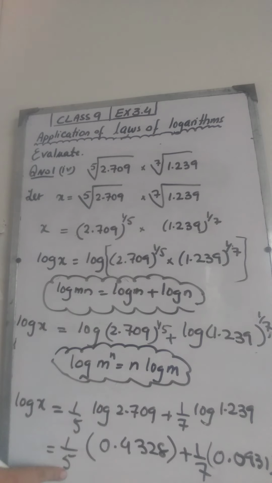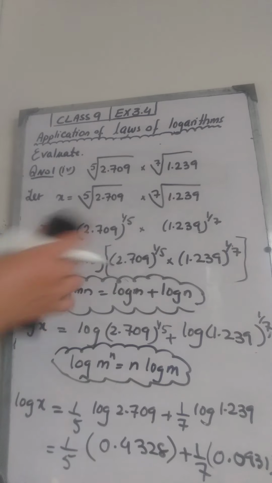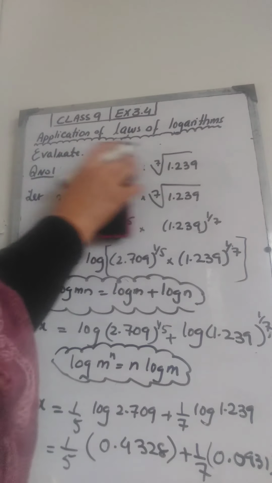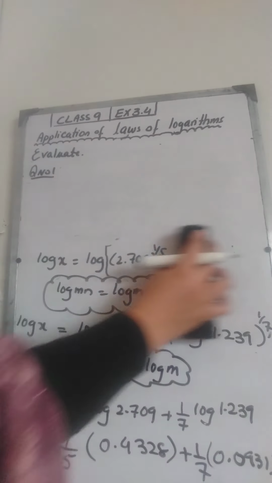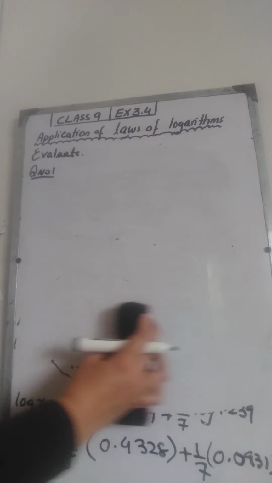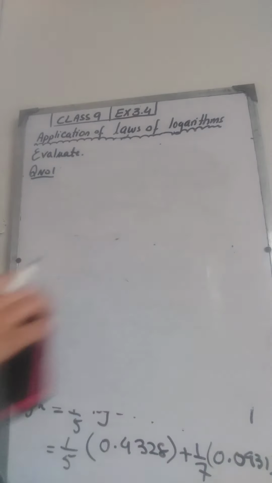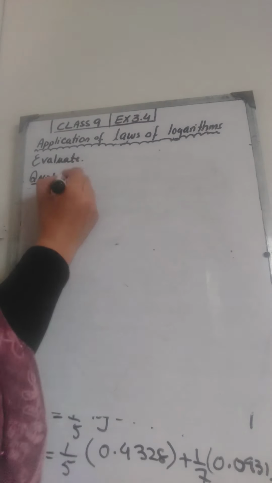So we have reached the point where we have taken the log by using calculators. The next step I am going to do over here. Okay, let me write this step again.